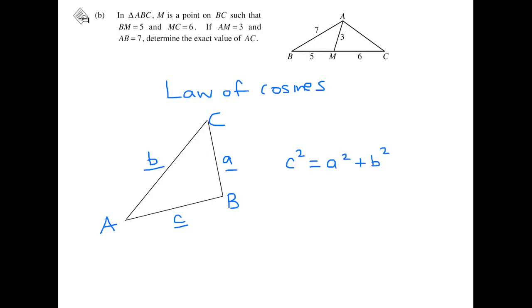And so far it looks like the Pythagorean theorem, but because this is not a right triangle, you have to subtract 2 times A times B times cos of C. So this A represents this A, this B represents this B, and this cosine of C represents the angle at C. All right? So that is something that we're going to use in this question to figure out our AC up here.